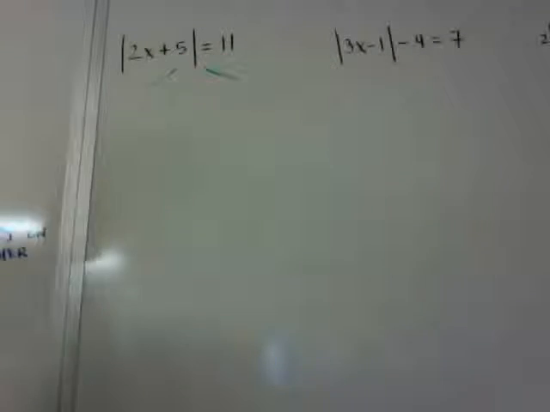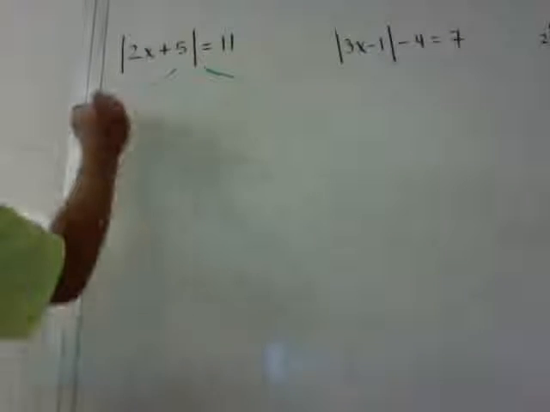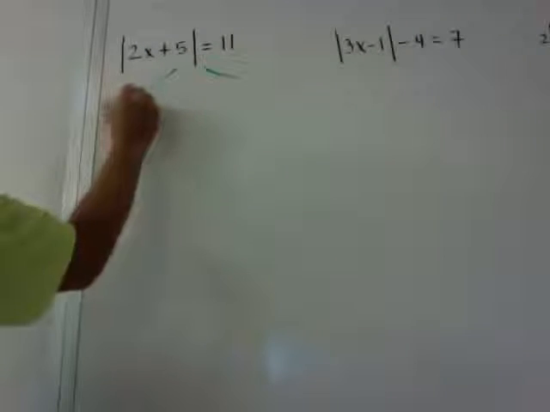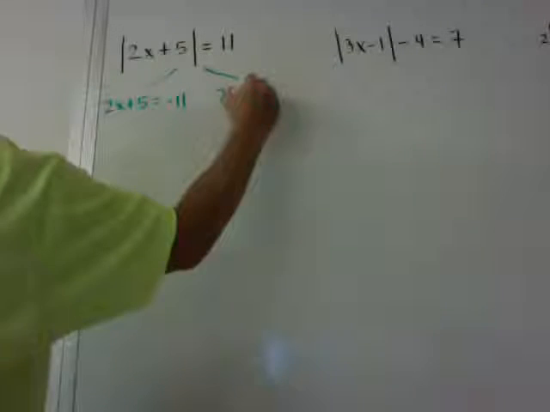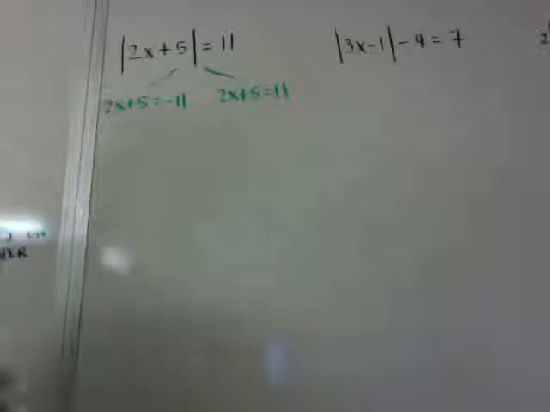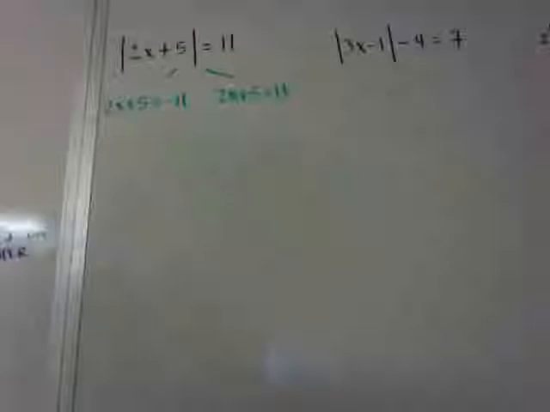Okay. Once you have the absolute value isolated, so there's nothing outside of it on this side of the equal sign, I can split it. And I go 2x plus 5 is equal to negative 11, and 2x plus 5 is equal to positive 11. So you can see I just take that positive one there, and then when I put this side, I put it negative. Okay.